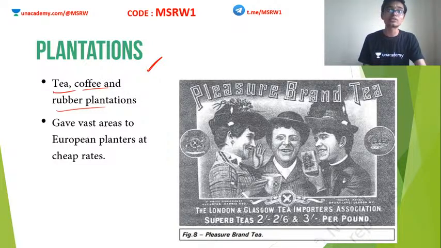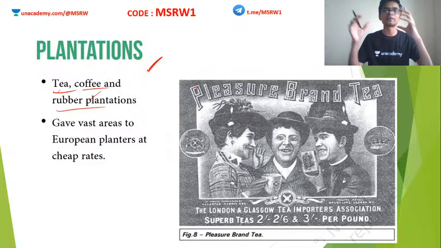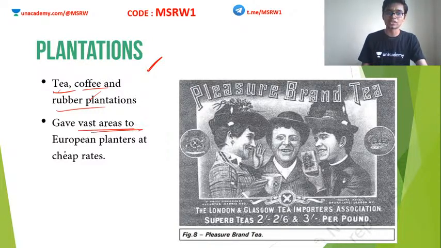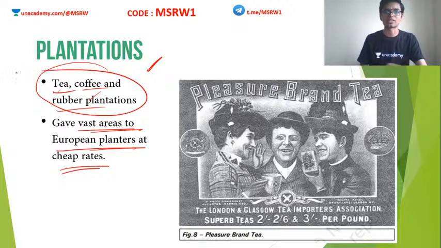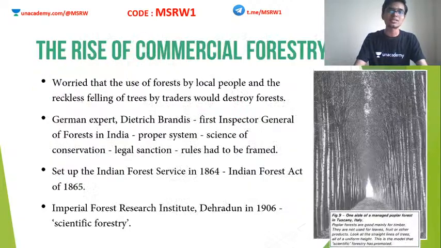And this is replaced by tea plantations, coffee plantations, rubber plantations. So it is one variety replacing an abundance and richness of species. The British gave vast areas to European planters at very cheap rates in order to cultivate these beverages and goods which were in immense demand in European nations. So plantations came up around this time.